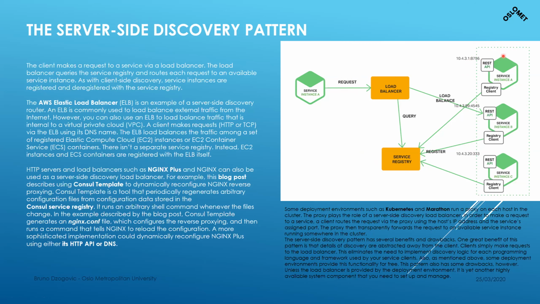So if one of the instances is overwhelmed with HTTP requests, you're going to proceed the HTTP request through the load balancer to the next instance that is available. So that's just one example. I can give you lots of other examples, but this is how it's usually done.